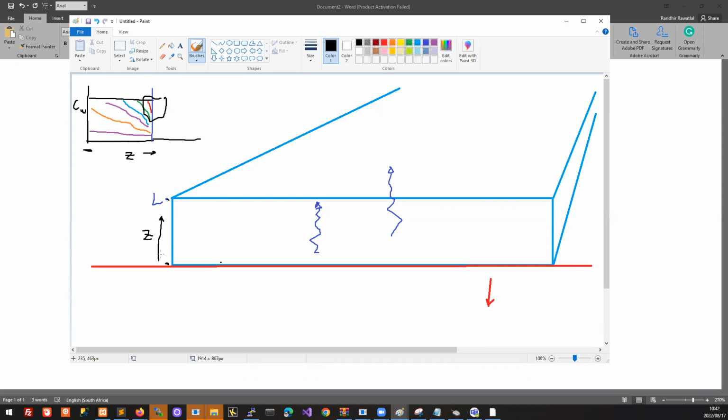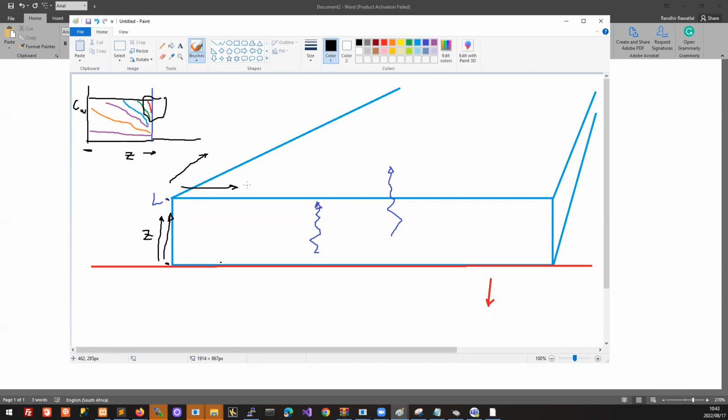Now, we've already defined the Z direction like so. That's our Z direction there. Of course, we can also define an X direction and a Y direction. We should work with the right-hand rule, okay?